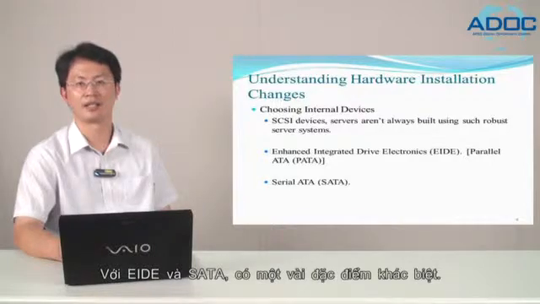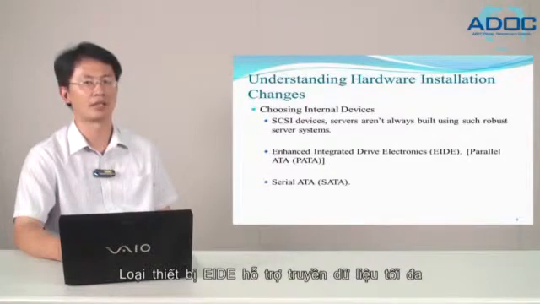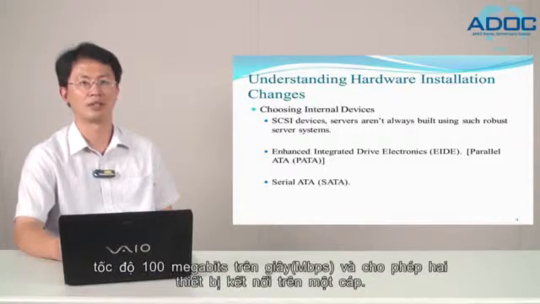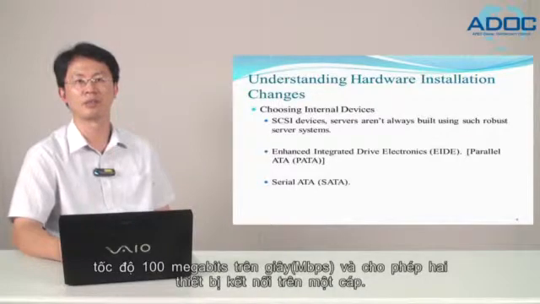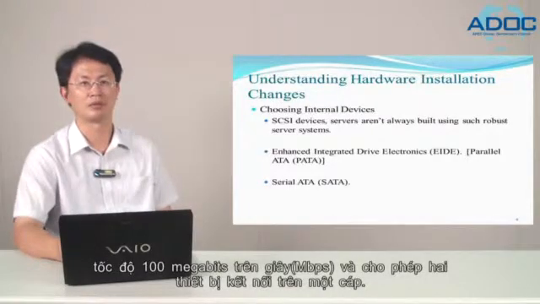With EIDE and serial ATA, there are some feature differences. Typical EIDE devices support a maximum data transfer rate of 100 megabits per second and allow 2 devices to be connected per cable.